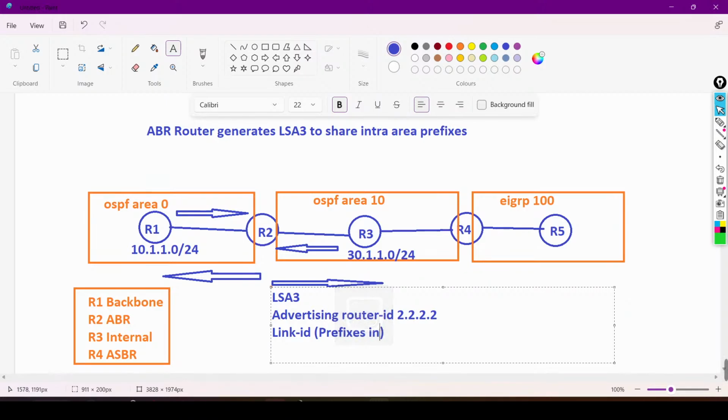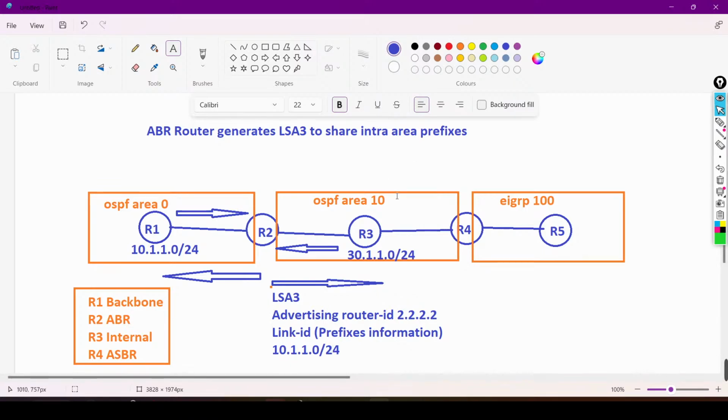So what will be the link ID? Suppose router 2 is generating this LSA 3 for area 10. So here there will be information about the 10.1.1.0/24 network. This is how router 3 will get this network. Router 4 will also get this network. In the same way, router 2 will generate one more LSA 3 where the advertising router ID will be the same 2.2.2.2 and the link ID will be what? 30.1.1.0/24. Is it clear to you?